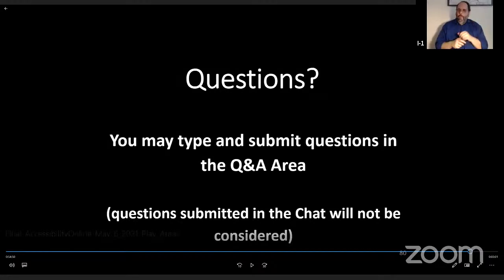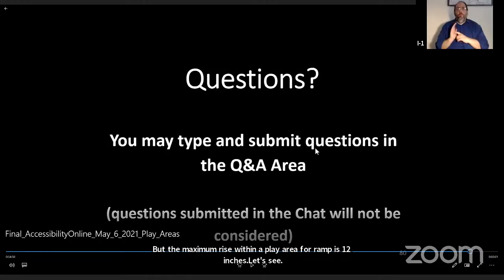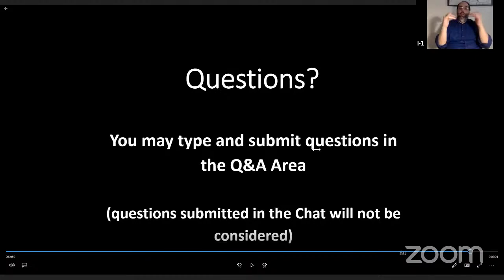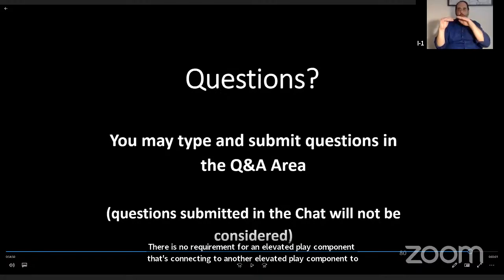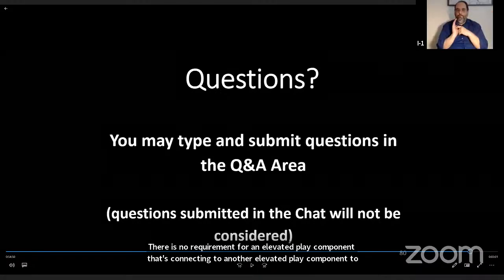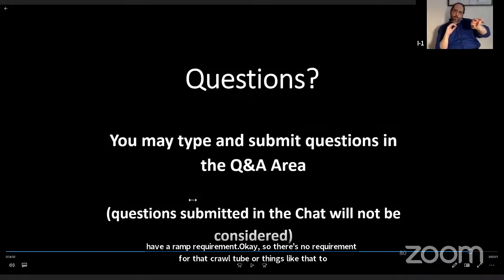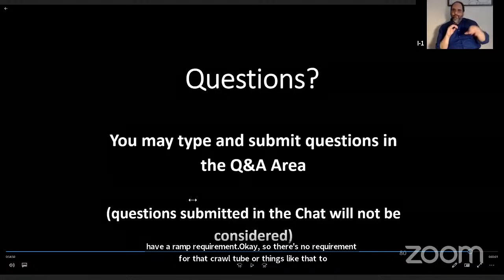Let's see. There is no requirement for an elevated play component that's connecting to another elevated play component to have a ramp requirement. Okay, so there's no requirement for that crawl tube or things like that to maintain the maximum slope. I think I'll go into one last one here real quickly, and that was water play components.